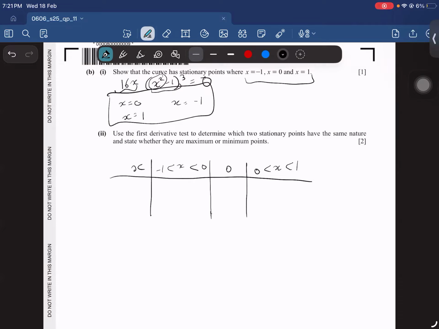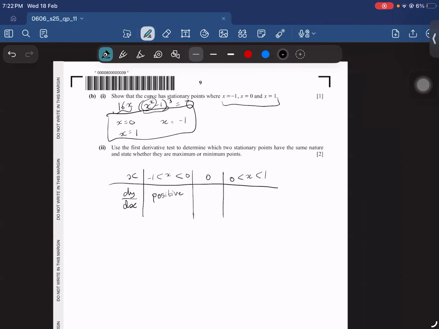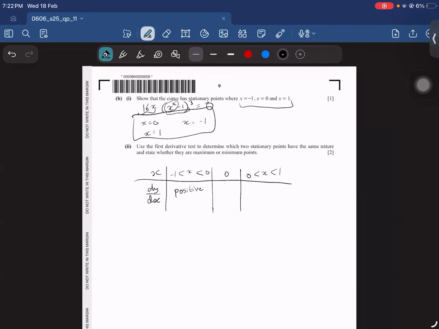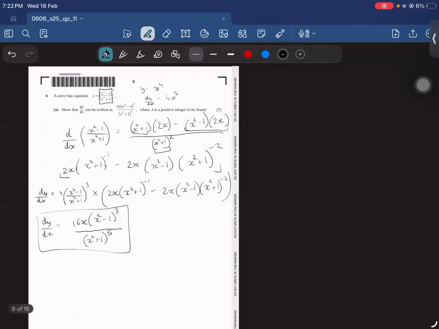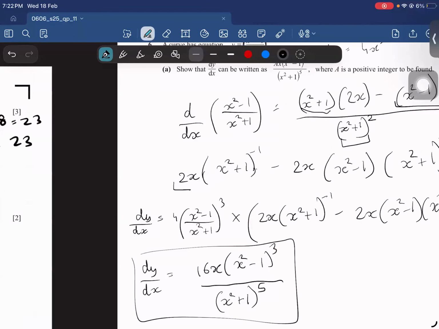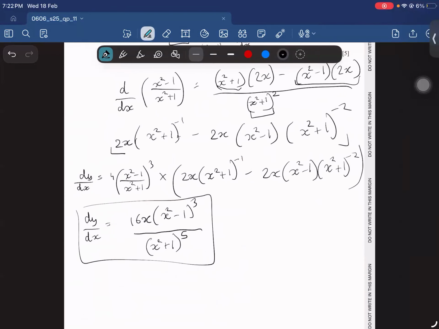So dy by dx. Between -1 and 0, it is positive. And you know this because between -1 and 0, x is a negative value.